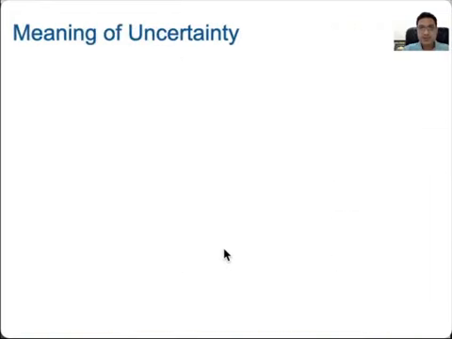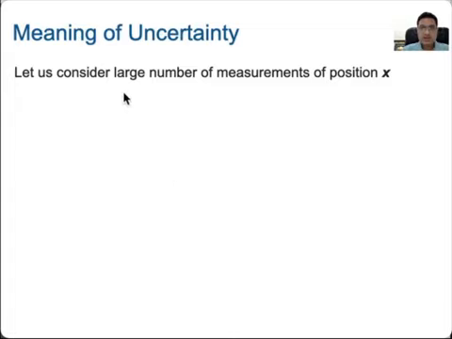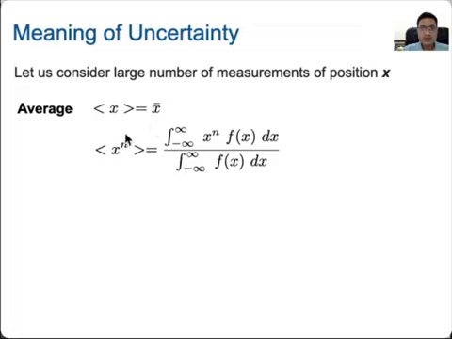Okay, so let's again recall the meaning of uncertainty. Let's consider a large number of measurements of positions x. Let's say that this measurement has a mean value x bar, and now if you want to calculate the mean value of any power of x, so here we are calculating the mean value of x to the power n, which is defined as, this is a definition in general.